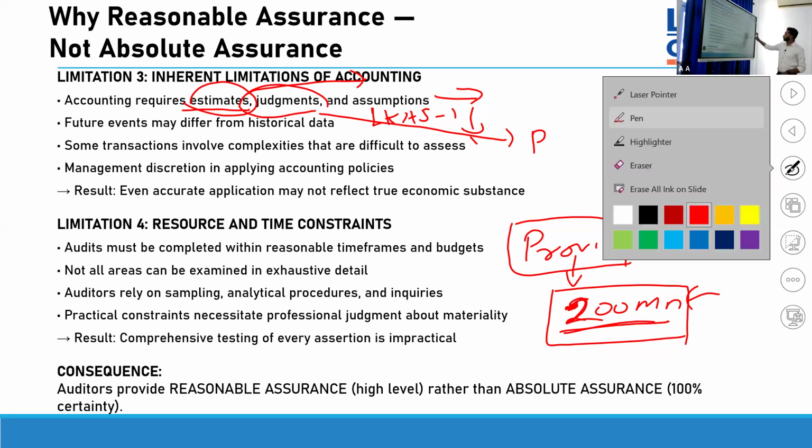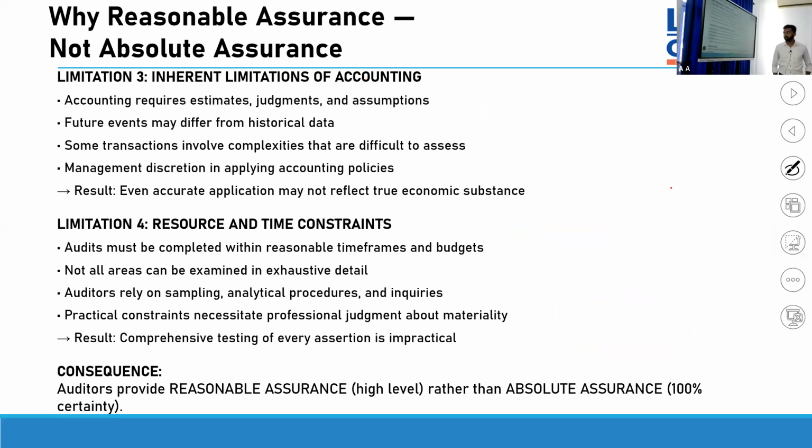Next one is future events may differ from historical data. It is obvious now. Normally, we do audit based on the historical data, right? So we can just provide an assurance regarding the historical data, but we can't predict the future.